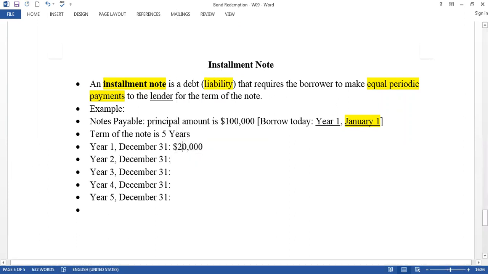Or maybe $30,000. Make it easy, 20,000. So $20,000 every year, we are going to pay this. So an easy example is this.